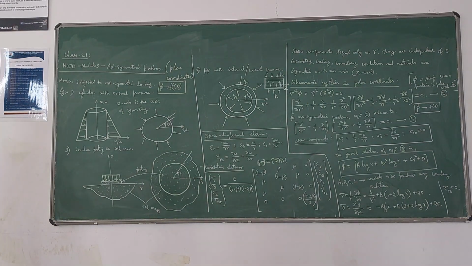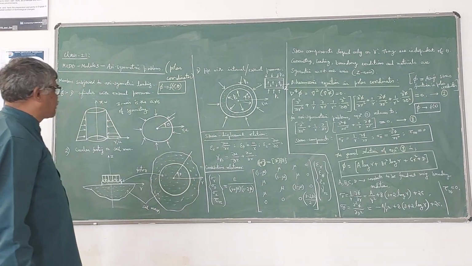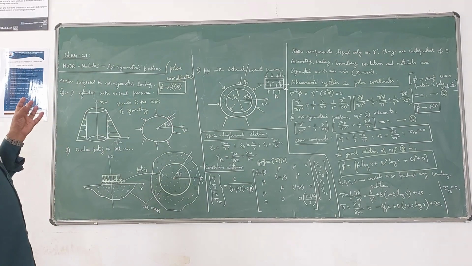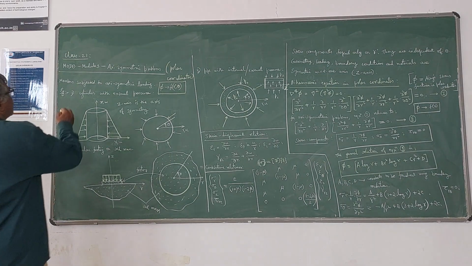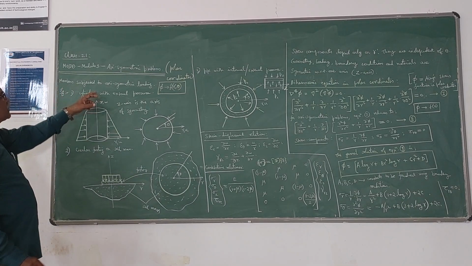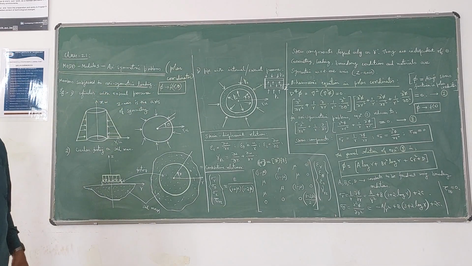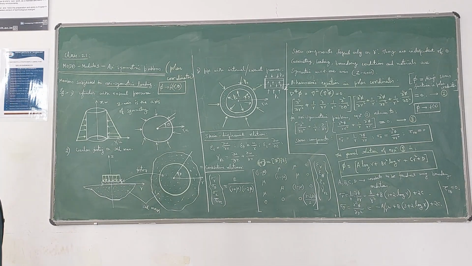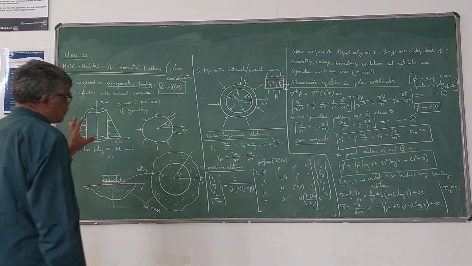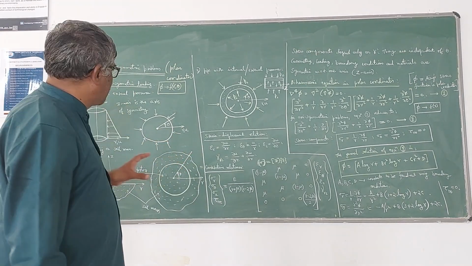So if r, theta, z, all three are involved, then it is cylindrical coordinates. It will be three-dimensional. Now, axisymmetric problems are the problems which deal with members subjected to axisymmetric loading. This is a very important word: axisymmetric loading. That means you will have two linear measurements and one angular measurement in the cylindrical coordinate system.